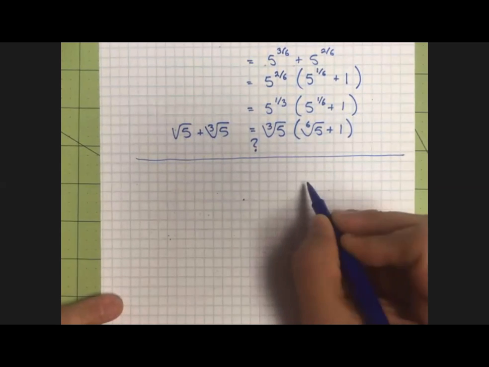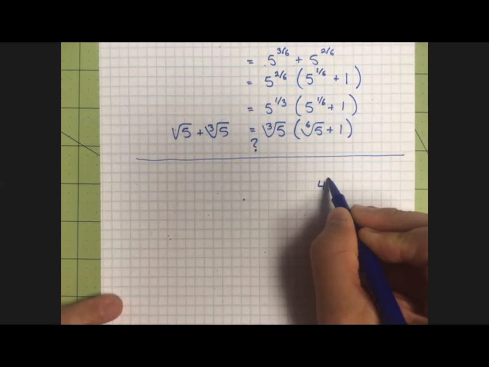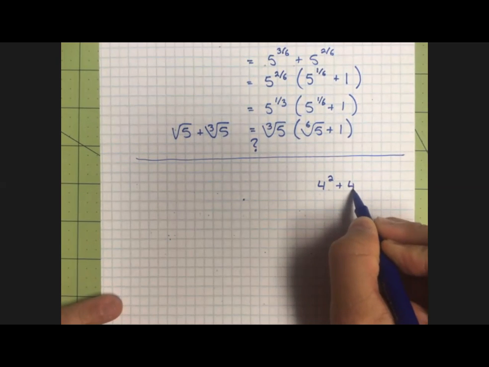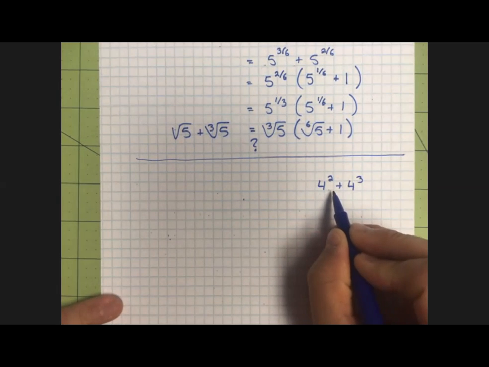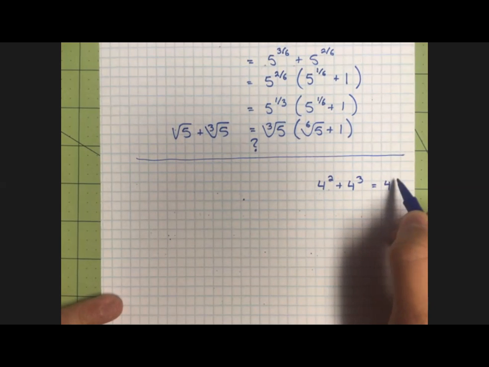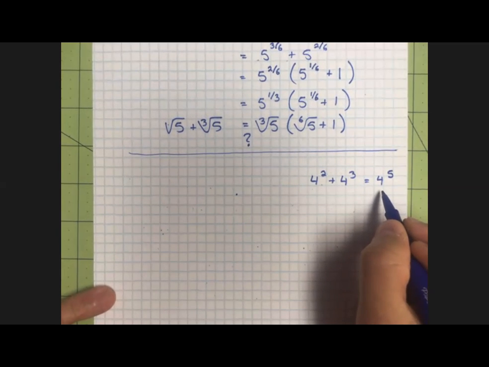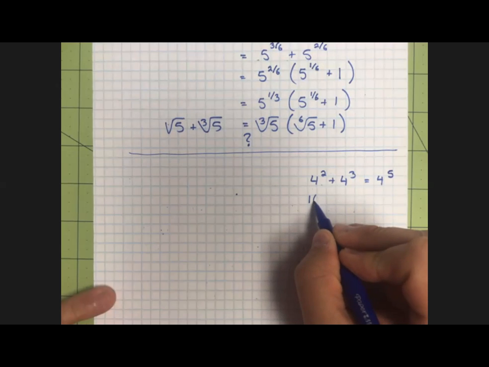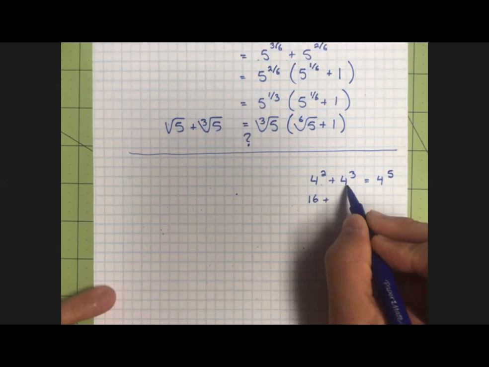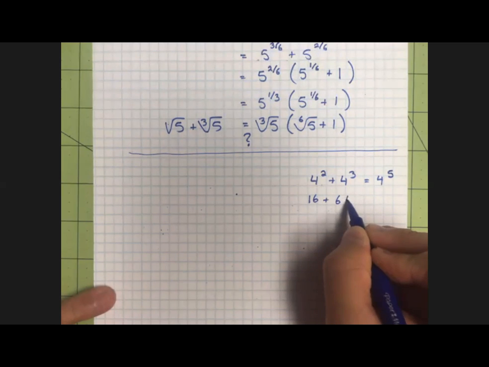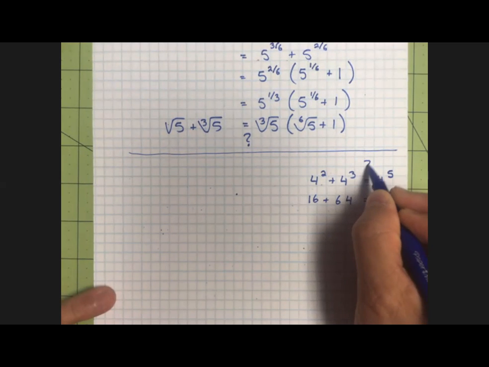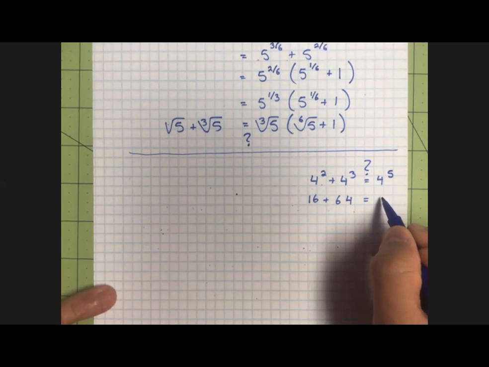If I had 4 squared plus 4 cubed, can I just write that as 4 to the 5th power? I'm a little bit nervous because 4 to the 5th power, first of all, is a huge number. 4 squared, I understand, is 16. 4 times 4 times 4 is 64. But when you check that out, and you could ask your calculator what 4 to the 5th is, calculator says 4 to the 5th is 1024.